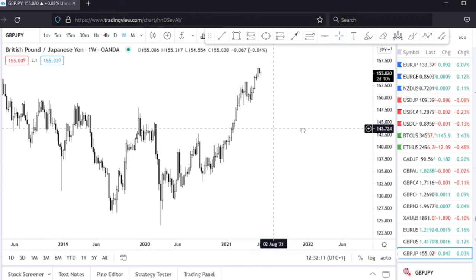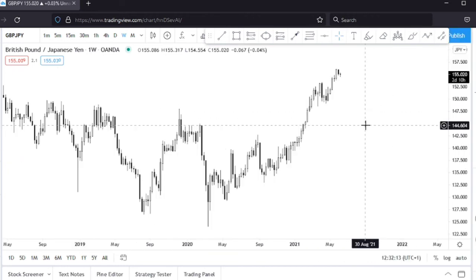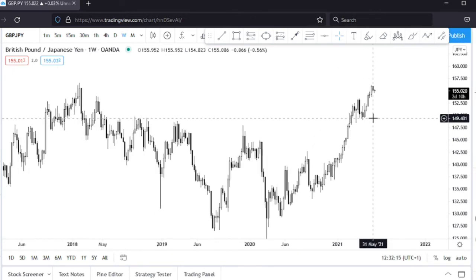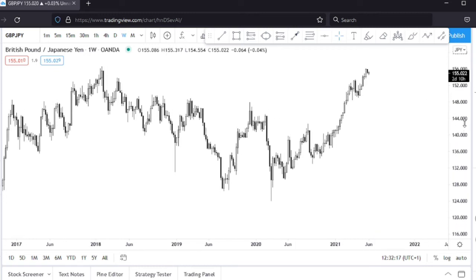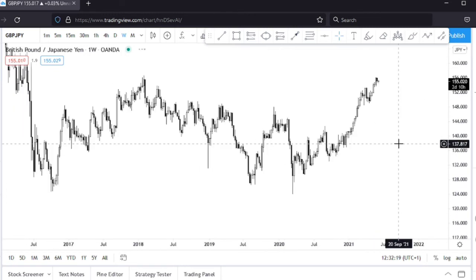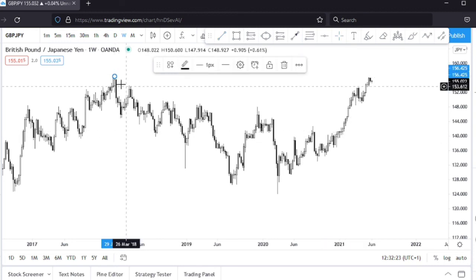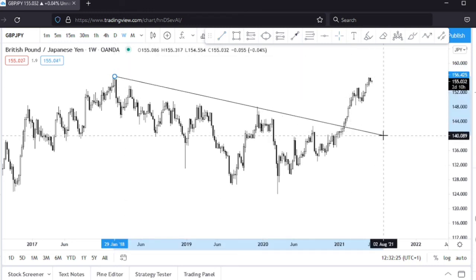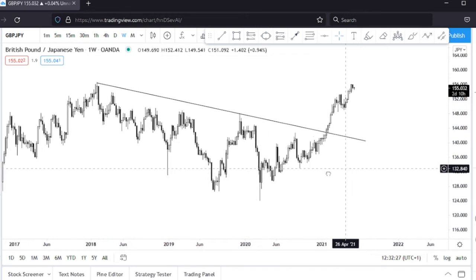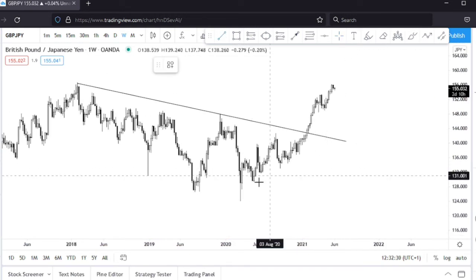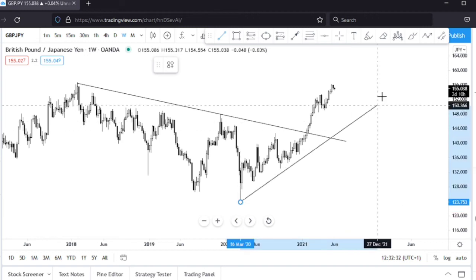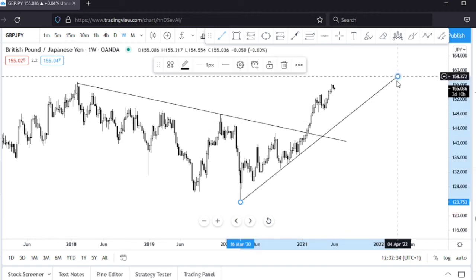Okay, so for GBPJPY on the weekly time frame, we can see that price is in an uptrend. This trend area has been broken to the upside, and I also draw a trend line here to show that our price has been in an uptrend.